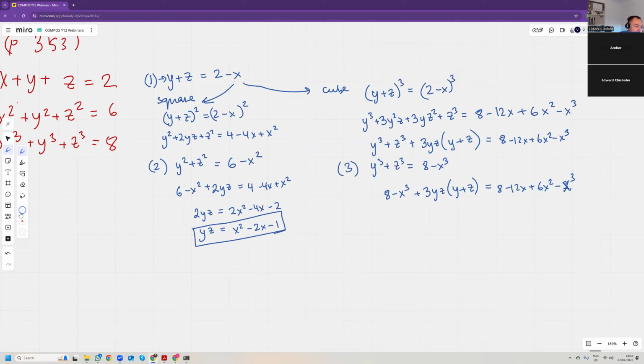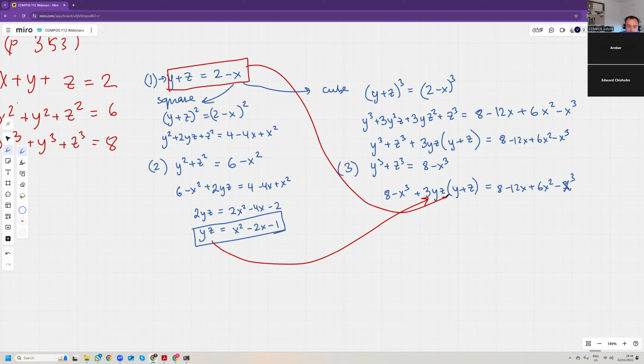And now the important stuff. This we take from here. This is expressed in terms of x. Now y plus z, we already know y plus z is this bit. We take it from here. Now we have an equation in x. And the most beautiful thing is that x cubed cancels.